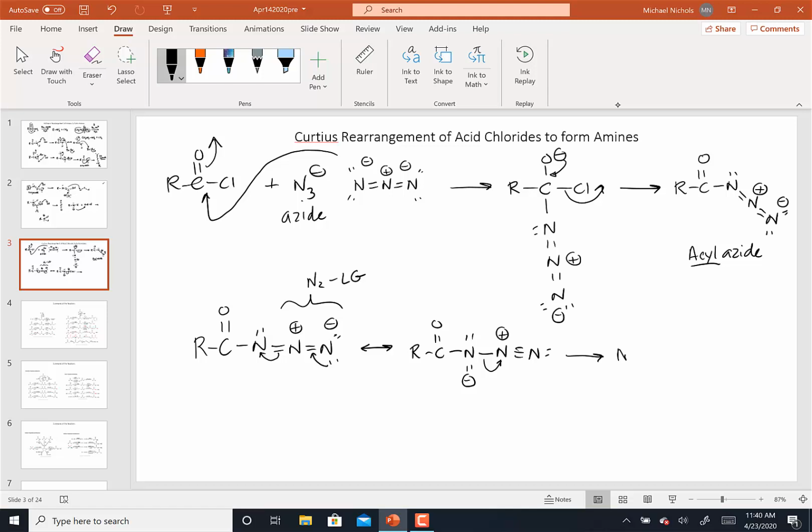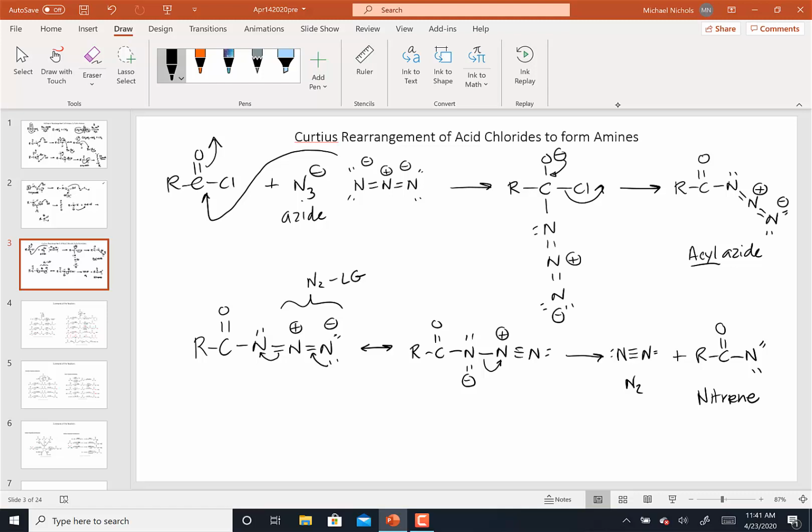I'm going to end up forming then, and I'll write the exact structure out, N2 gas, and then I will also end up with the nitrogen on the end now having the two lone pairs. And again, there's no charge there because the nitrogen has 6 electrons, but having those 6 electrons means that it is very electron deficient, and this is our new friend, the nitrene.